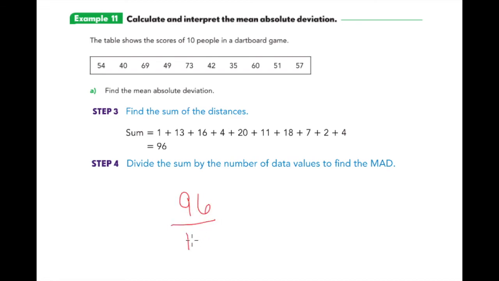We had 10 data values. When we divide 96 by 10, that leaves us with 9 6/10, meaning our mean absolute deviation, or our MAD, is equal to 9 6/10. And those would be the 4 steps that you use to find your mean absolute deviation.